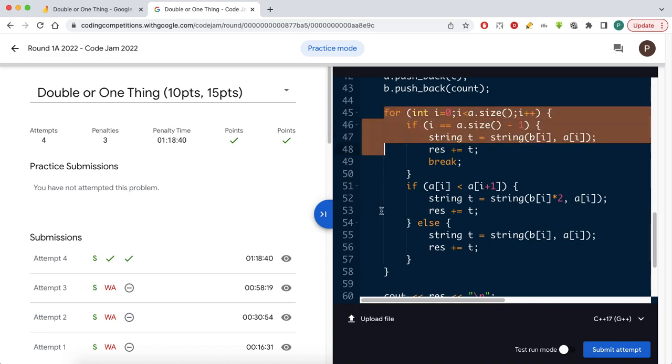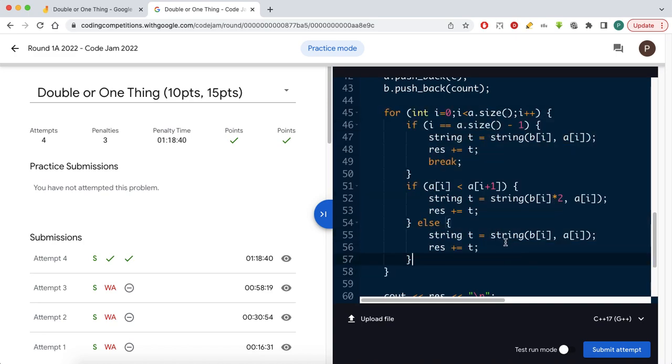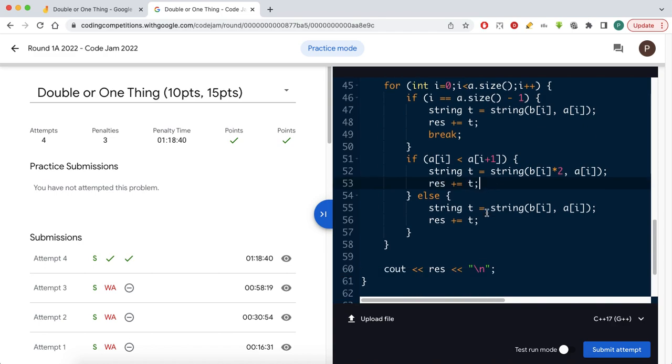And this is the final piece of code where this logic is for the second observation, as we saw, where if the character is less than the next character, then simply repeat it, but you also need to consider the frequency of that character. So we multiply twice the frequency of that, twice because we are repeating it, and we repeat that character and append it to our resulting string.